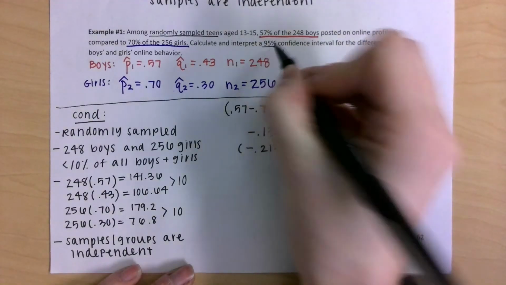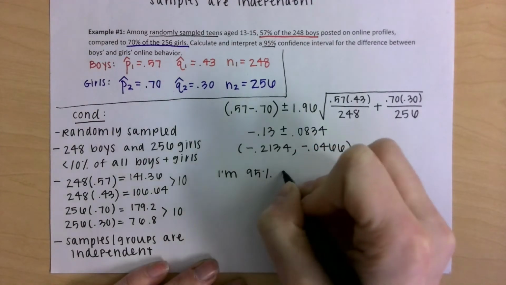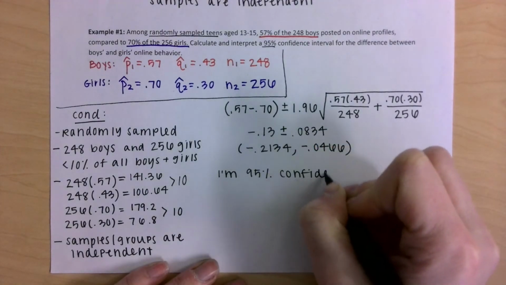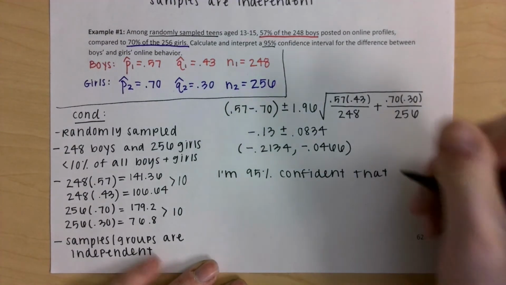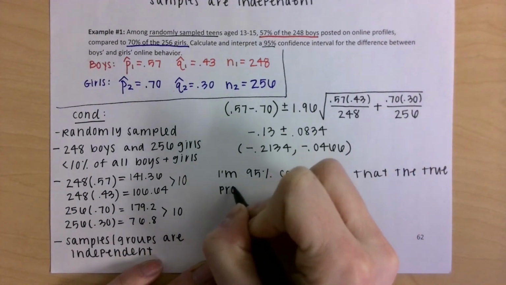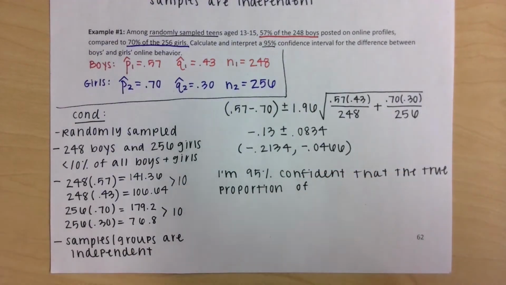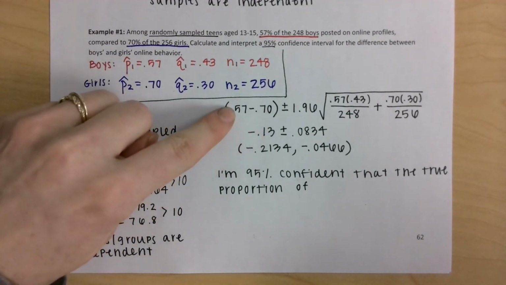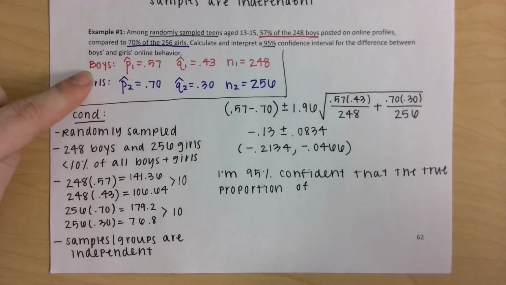So looking at my 95% confidence, I'm going to start with saying I'm 95% confident that, now we're still going to say the true proportion of, now here's the hard part, I have two proportions, right? I have boys and I have girls. Here's where it's important that you think about the order in which you wrote your confidence interval. We were looking at the boys first. So I'm going to start with talking about the true proportion of boys that are posting online.